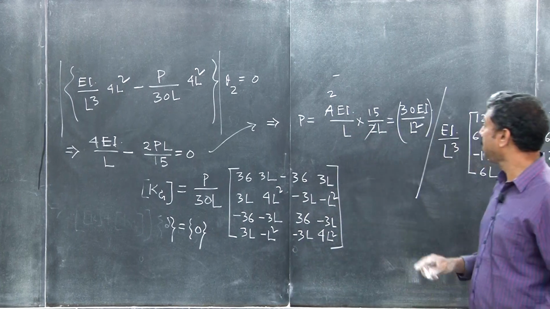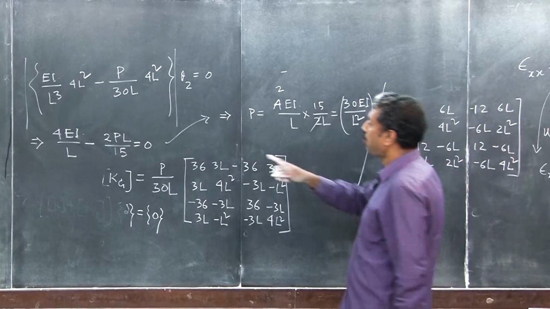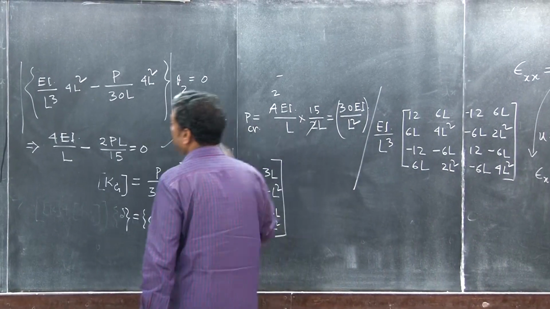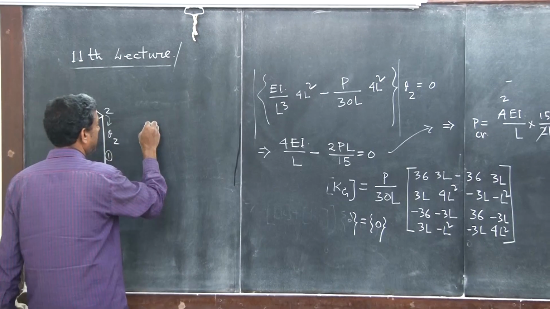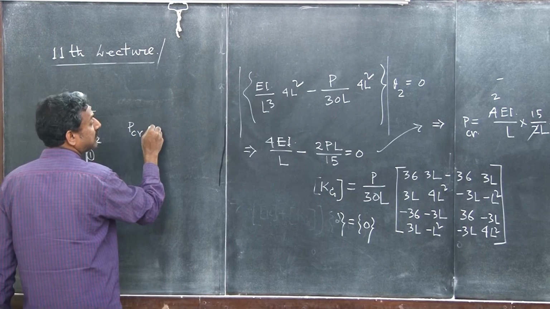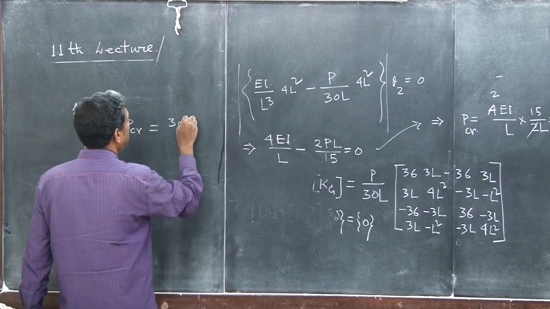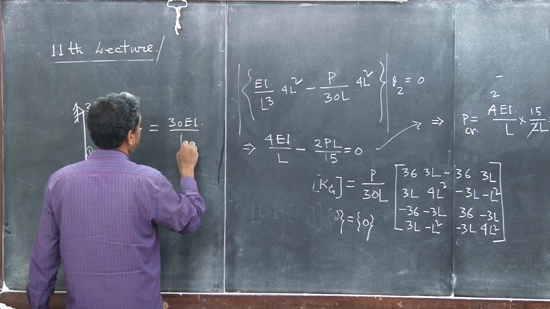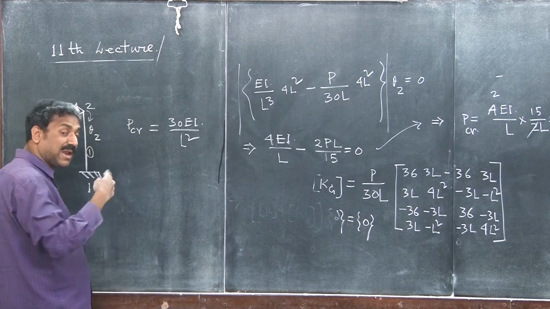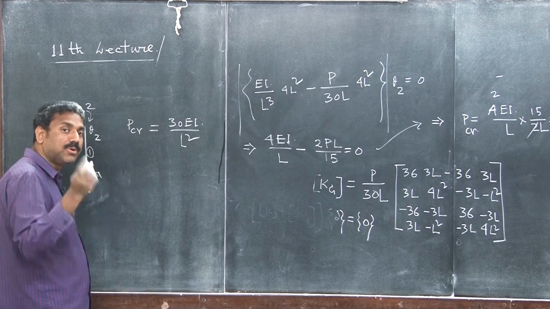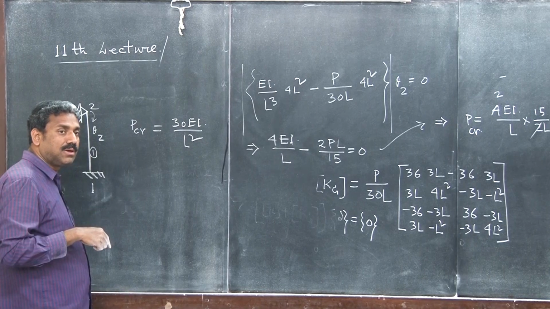Now you tell me, if it is 30 EI by L square, what is P critical for this? From the matrix method or finite element method, I am getting 30 EI by L square, right?